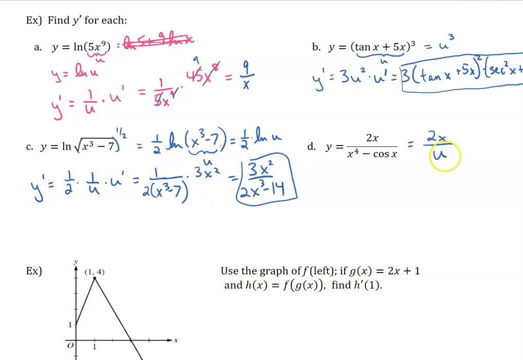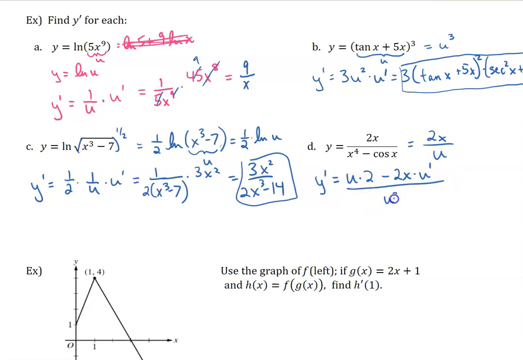And then let's take the derivative of this, but remember, whenever we take the derivative of the u part, we need to multiply by u prime, okay? So this is going to be y prime equals, so denominator times derivative of numerator, so low times d high, okay? So u times derivative of 2x is 2, minus numerator, top, times derivative of denominator, that's where our u prime comes in, okay?